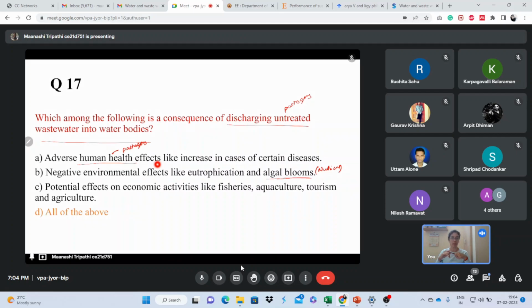Is there anyone who can tell what is the harmful effect of eutrophication and algal bloom? These algal blooms will consume more oxygen from the water, and the dissolved oxygen will become less, which is harmful to the aquatic ecosystem.